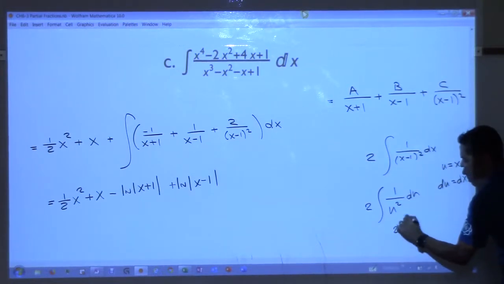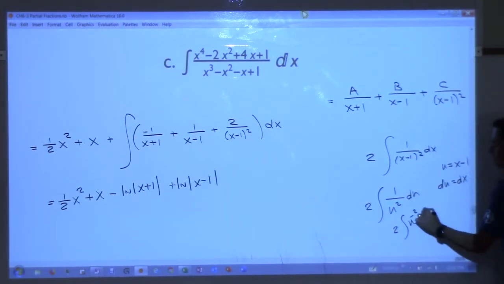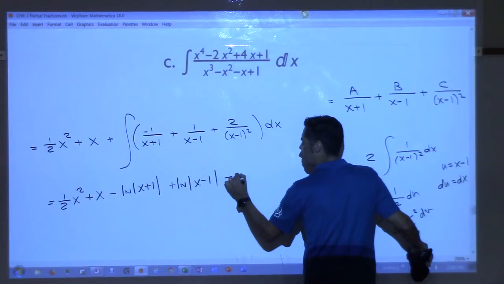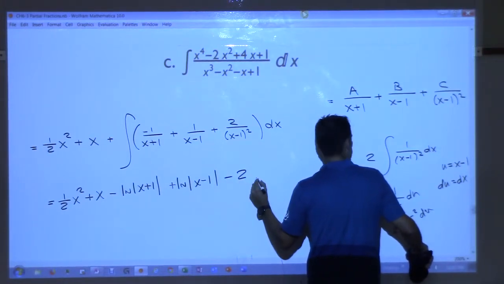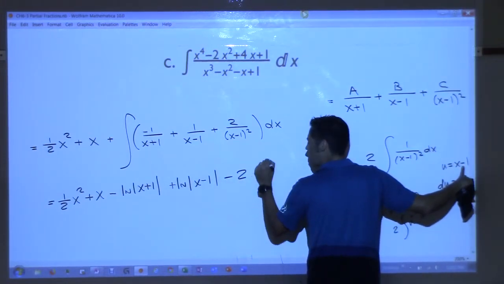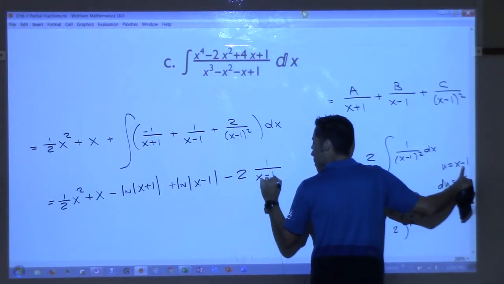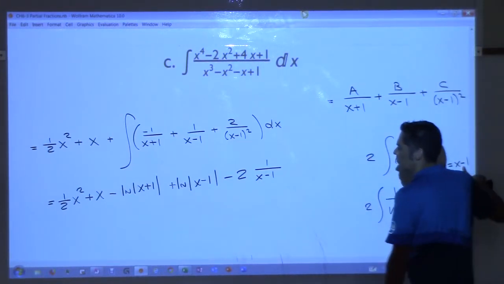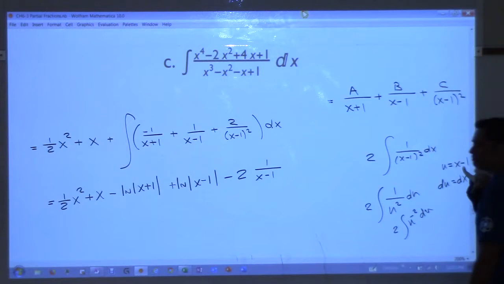This is the same as 2 times the integral of u to the negative 2 du, so the antiderivative is negative 2u to the negative 1. So this is going to become negative 2u to the negative 1, which is really negative 2 over x minus 1. Plus c.